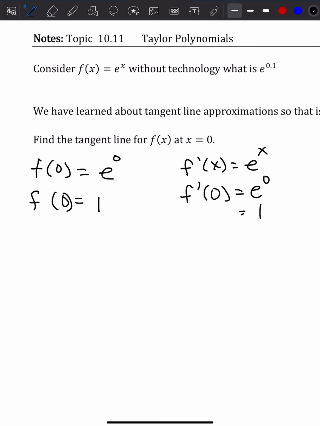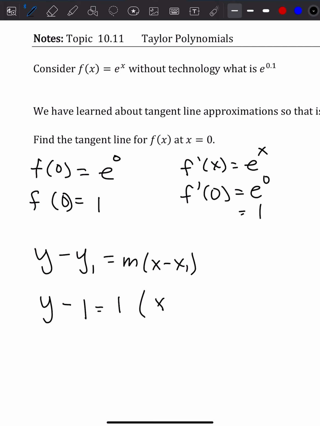So we're going to plug it into either our point slope form or y equals mx plus b. Thankfully, either one is really easy because we are given the y-intercept. So if we go with y minus y1 equals m times x minus x1, which works for any situation, we have y minus 1 equals our slope times x minus 0.